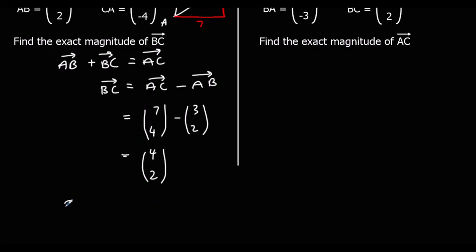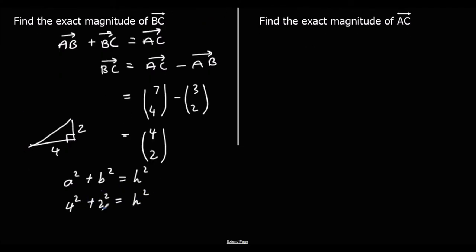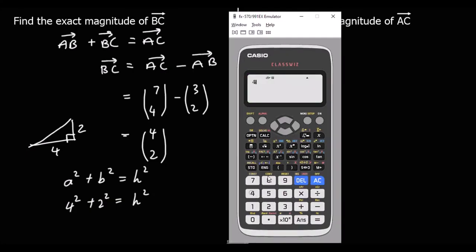I'm going to go straight to A squared plus B squared equals H squared. I'll quickly sketch it. Right 4 up 2. We want the hypotenuse. So we've got 4 squared plus 2 squared equals H squared. And I'm going to type it in the calculator.